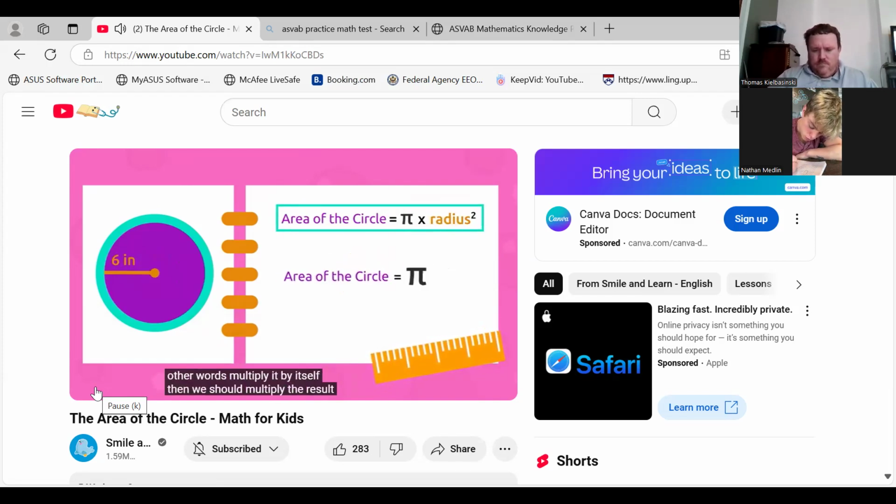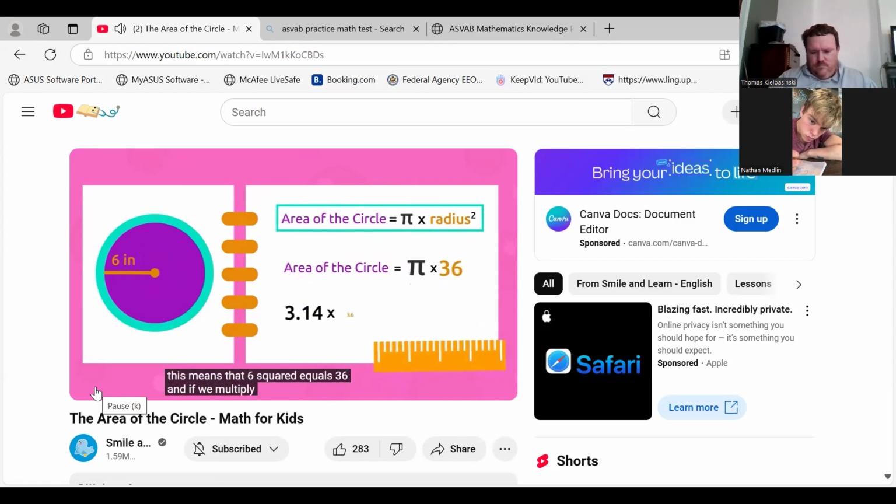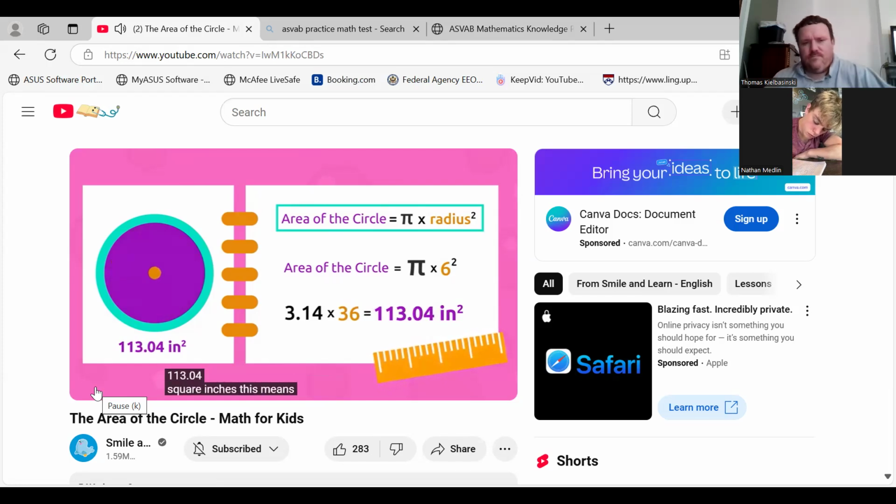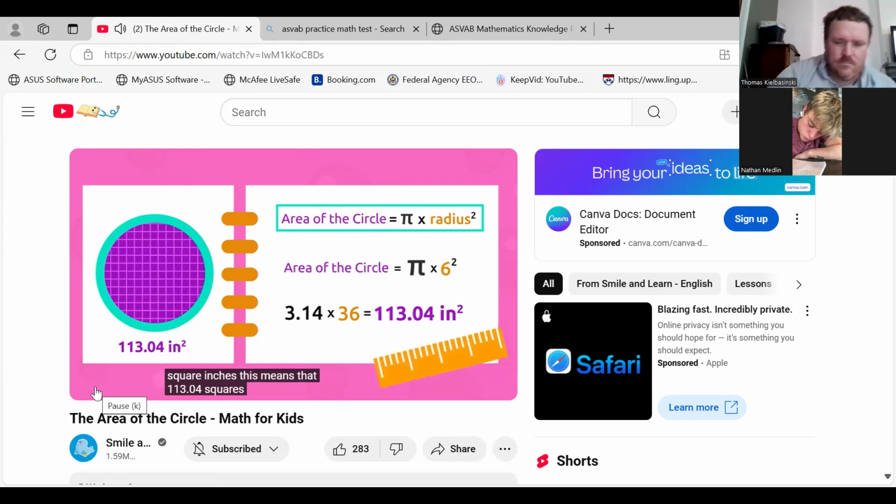Then we should multiply the result by pi. This means that 6 squared equals 36. And if we multiply 36 by 3.14, we would get 113.04. That's it. The area of the circle equals 113.04 square inches. This means that 113.04 squares measure the area.